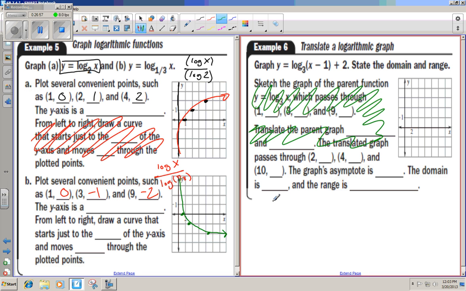So you're going to type in log of x minus 1 divided by log of 3, and then you can just add 2 at the very end.